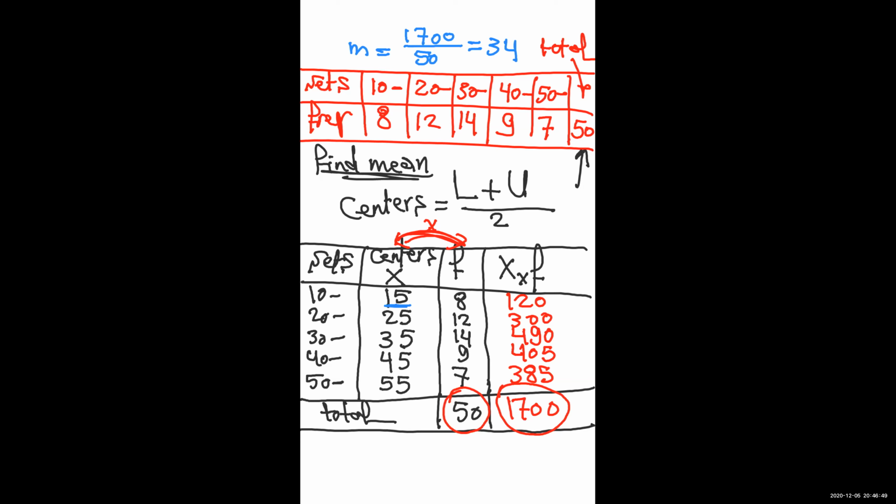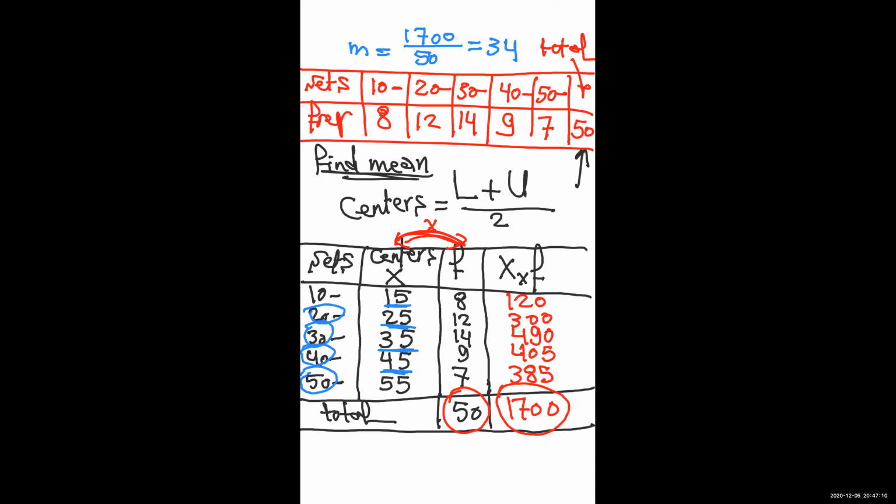Then the next one, 20 plus 30 over 2. So 50 over 2 means 25. Sorry, 30 plus 40, 70 divided by 2, 35. Then 40 plus 50, 90 divided by 2, so 45.